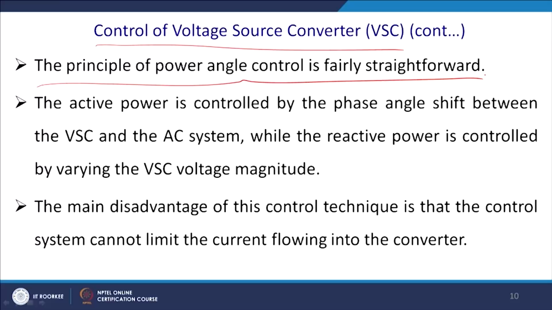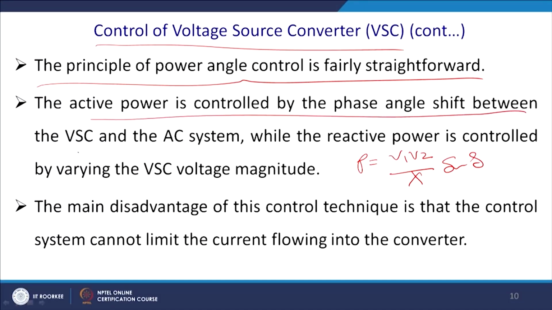Why is it so? The active power is controlled; you know that P equals V1 V2 by X sin delta. This is the relation, where V1 is the sending end voltage, V2 is the receiving end voltage, X is the impedance, and delta is the angle between V1 and V2. Thus, the active power is controlled by the phase angle between the VAC and the AC system.